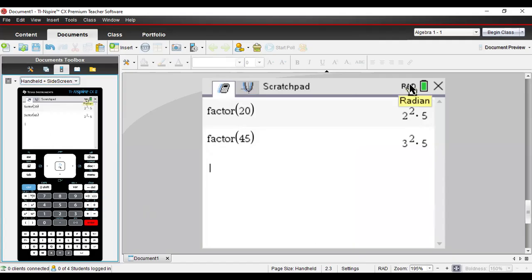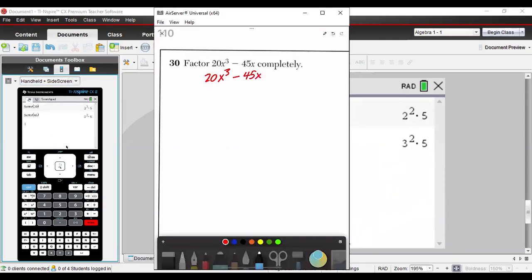Now I'm going to use those and expand these numbers out. So here we go. 20 is the same thing as 2 times 2 times 5, and then the x cubed is going to be x times x times x. I'm expanding everything out because once I expand it out, it's easy for me to see the greatest common factors. And then I'm going to have minus.